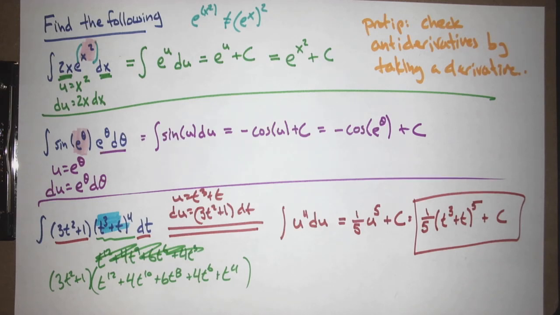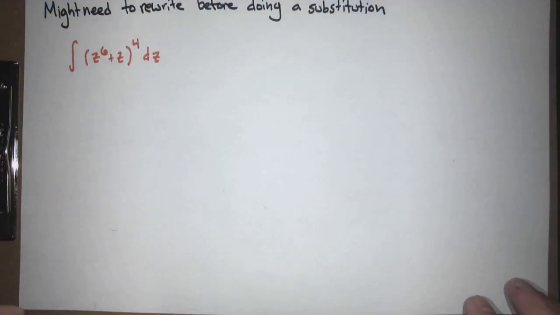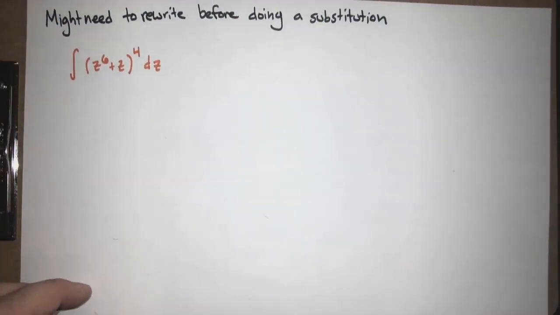Now that we've got the warm-ups, are we ready to go and do some that are slightly more challenging? Okay. Now this has a note. You might need to rewrite before doing a substitution. Okay, so let's look at this. Let's just say, I have an idea.